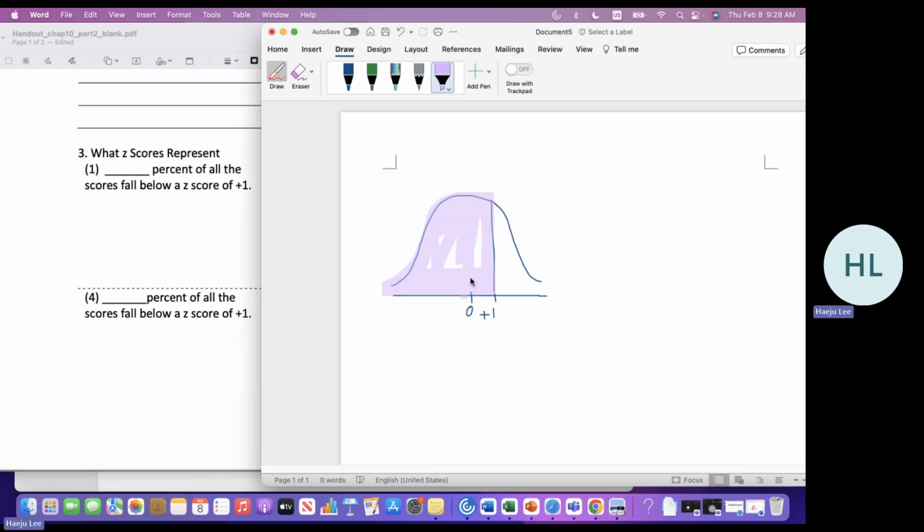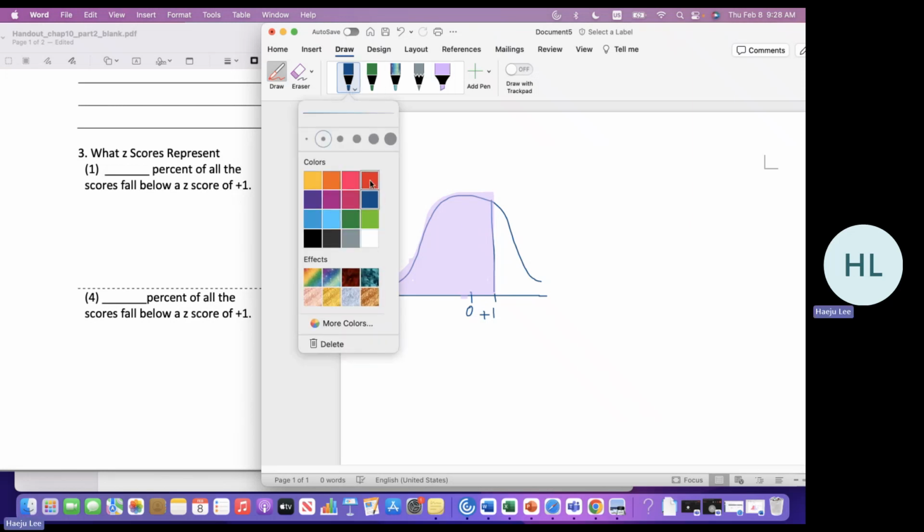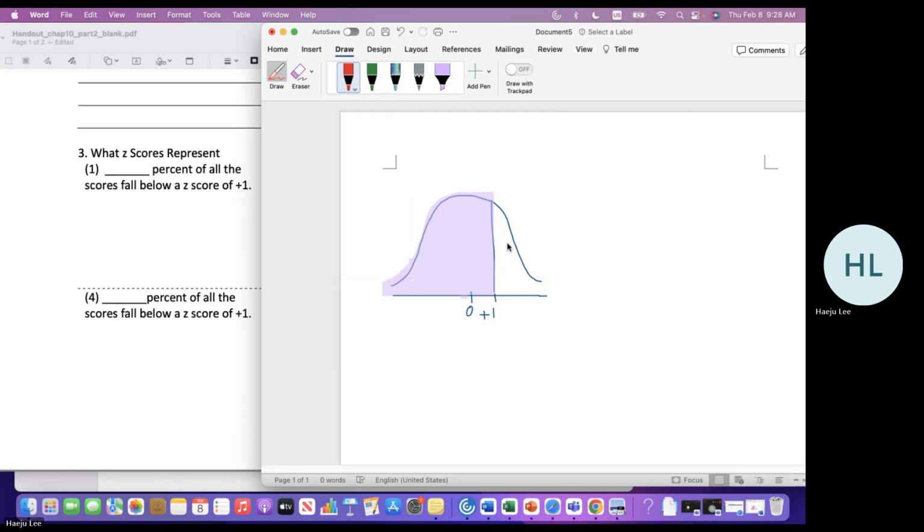But as I mentioned before, half of the distribution is 50%, right? This is half of the distribution and it is 50%. That means we only need to compute this area.